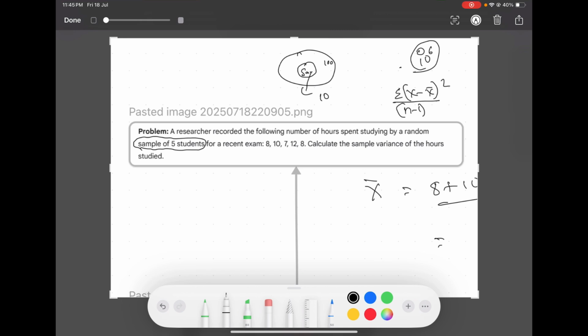This is called the Bessel correction factor. If you are calculating the variance of the population, then it will be divided by n. This is one basic difference that we need to understand.